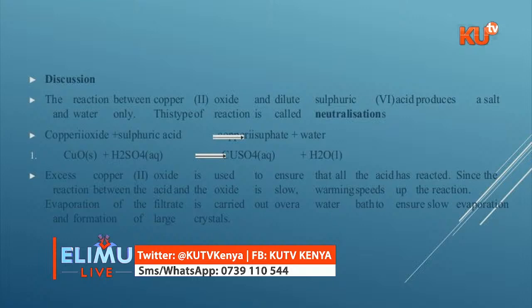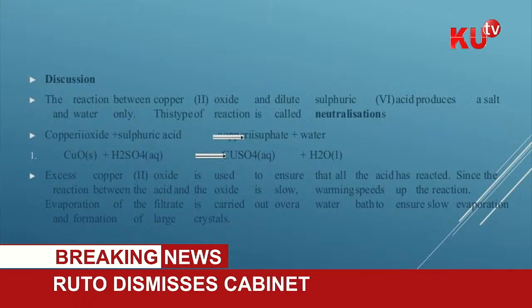Another point to note when preparing copper(II) sulfate: the copper(II) oxide is added in excess to the dilute sulfuric acid. The excess copper(II) oxide is used to ensure that all the acid has reacted.